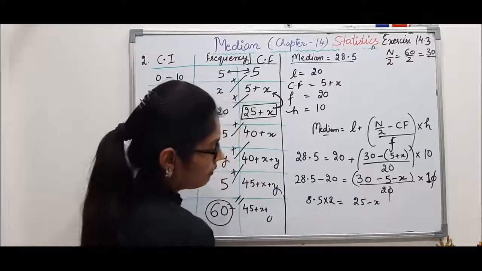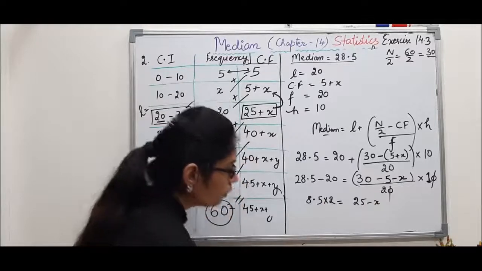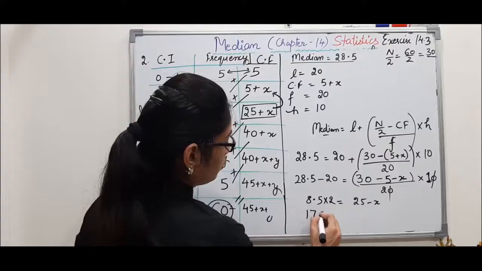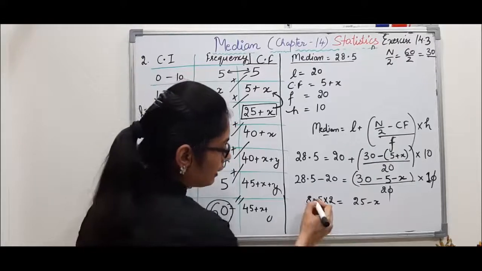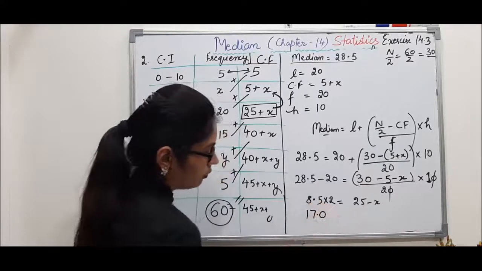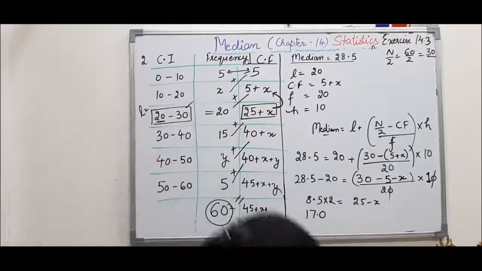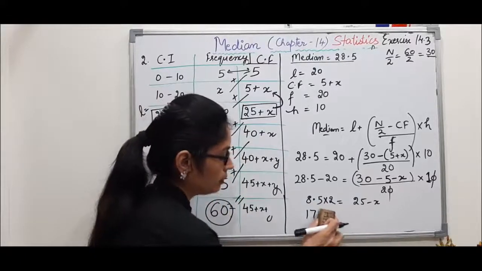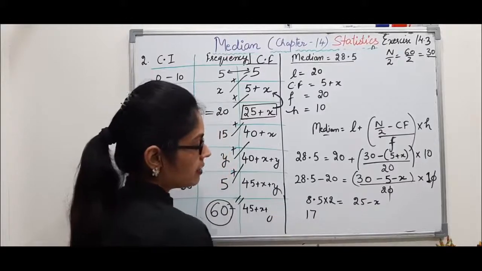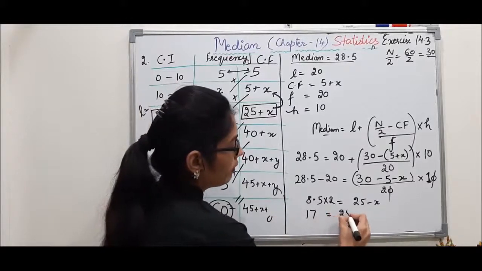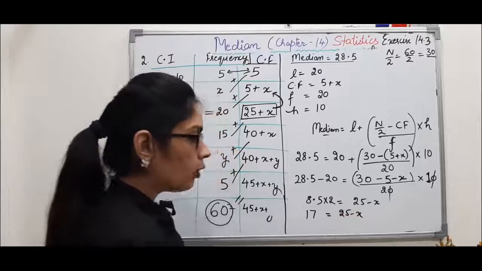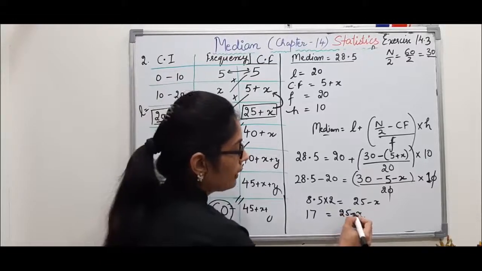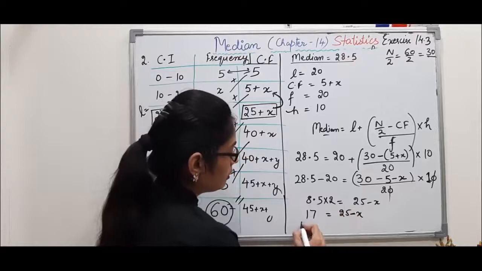So 8.5, if you multiply it with 2, you will get 17, because you get 170, but there is one decimal, so you have to put the decimal over here. If after the decimal there is 0, no need to write the decimal, you can write a simple number. So 17 equals 25 minus x. Because we have to calculate the value of x, we'll keep x on this side and this number will shift to the other side.